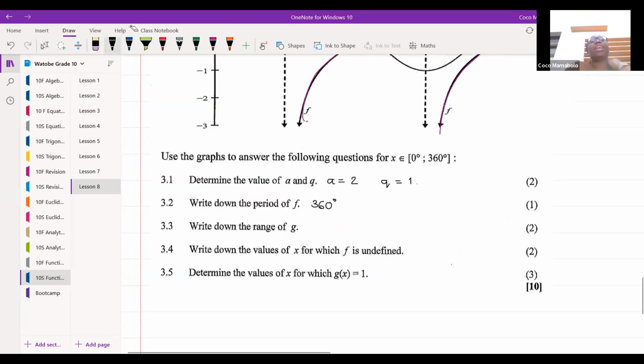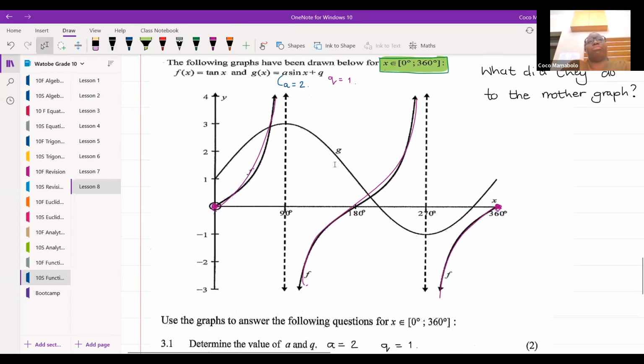Good. The next question says, write down the range of g. Let's look at g, guys. Which graph is g? Is it the tan graph or the sine graph? Good, it's the sine graph. Remember, sine graphs have a minimum and a maximum.